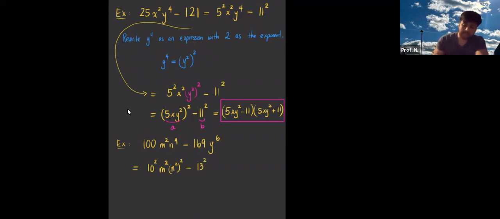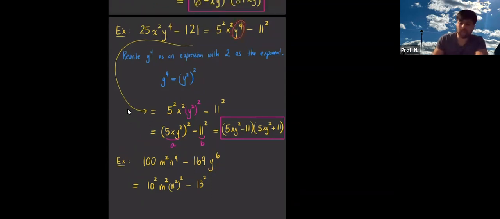Now y to the sixth power: 6 is an even number, and the point here is similar to what we just did with the y to the fourth in the previous example.